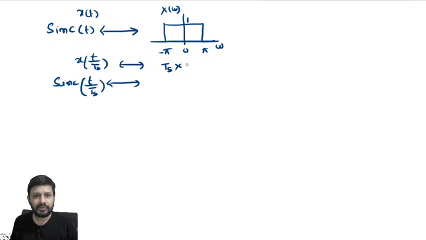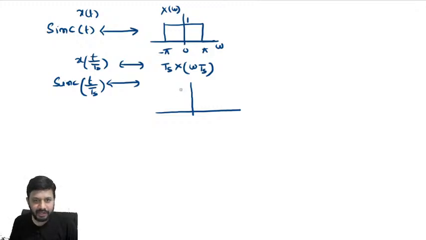So Ts into omega Ts. So observe here. How to get X of omega Ts? In X of omega, divide each point on the horizontal axis with what? Ts.